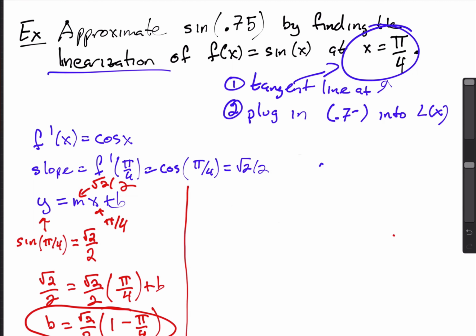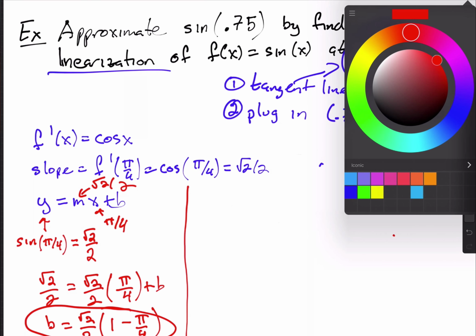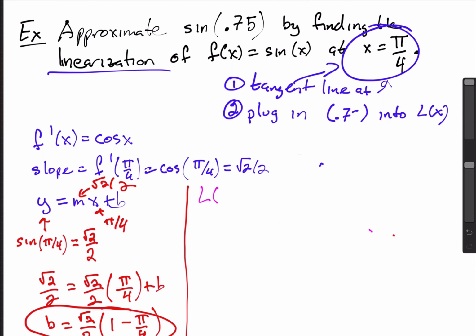Yes. Sure it is, right? Okay. So then we have L of x is equal to root 2 over 2 x plus, and then what I just found for b, so root 2 over 2 times 1 minus pi over 4. Something like that.